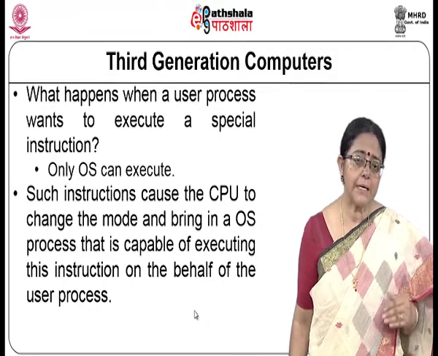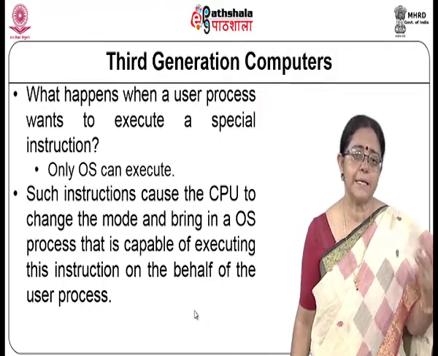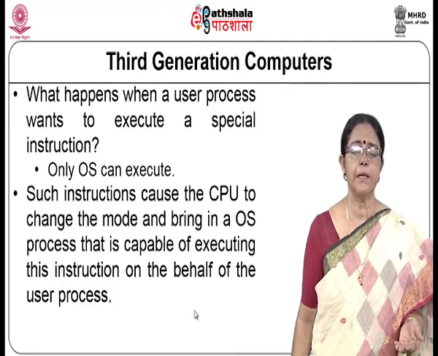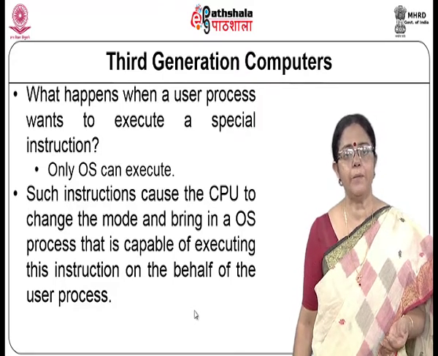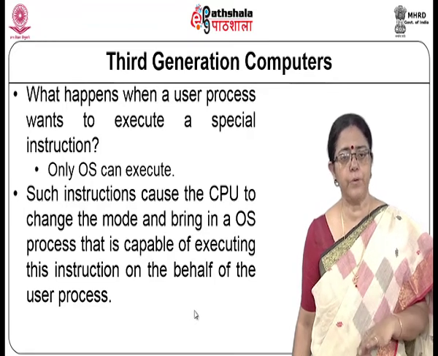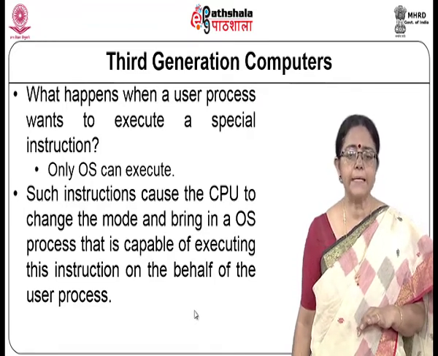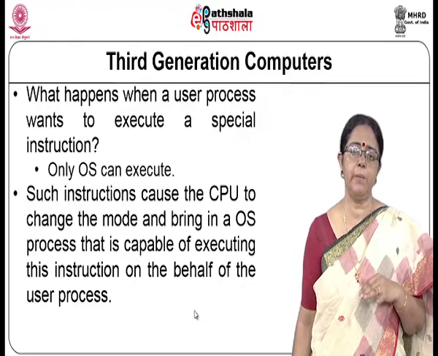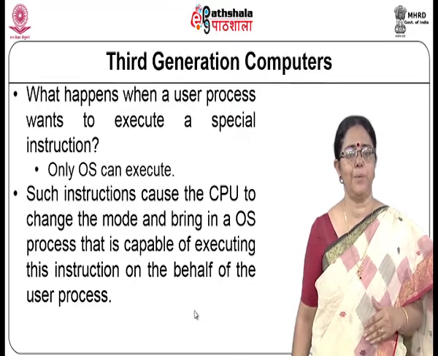As soon as a user process tries to execute such a special instruction, the CPU will immediately switch to the privilege mode, and an OS process will be brought in.